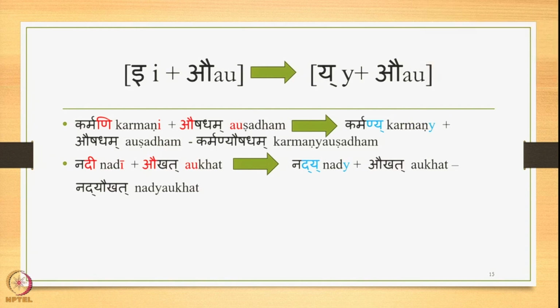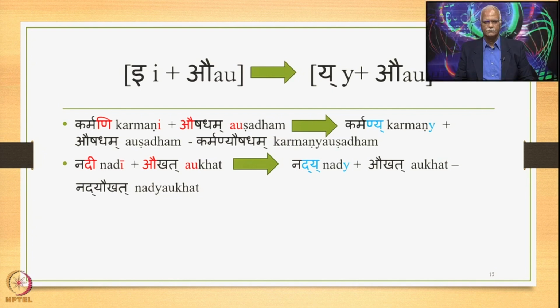Finally, we have E followed by Au, and 6177 applies, and the generated output is Ya followed by Au. So we have Karmani plus Aushadham, and this triggers the application of Iko and then generates the output Karmanya Aushadham.